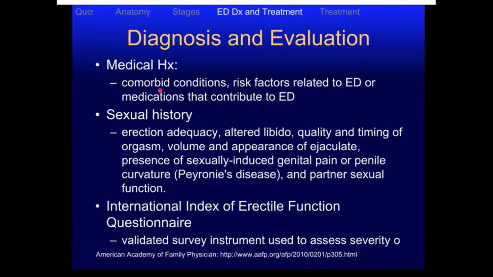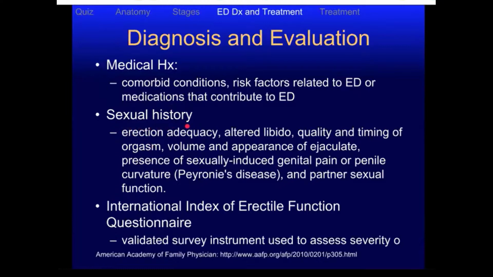Anything that increases vasculopathy will increase risk of ED because of the inflow problems. So they've shown that if a man presents with erectile dysfunction, he is at an increased risk for developing acute coronary syndrome within a few years of ED. And it's because of the underlying condition, which is arteriovascular disease.